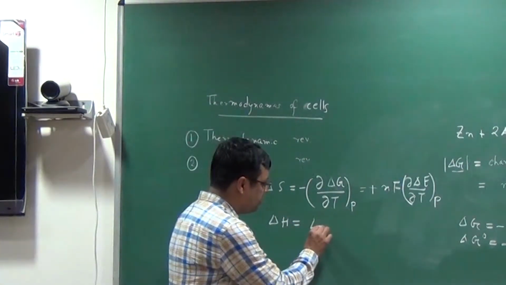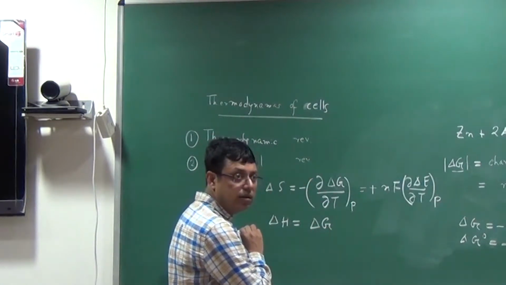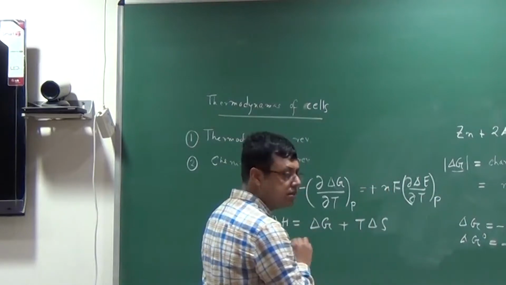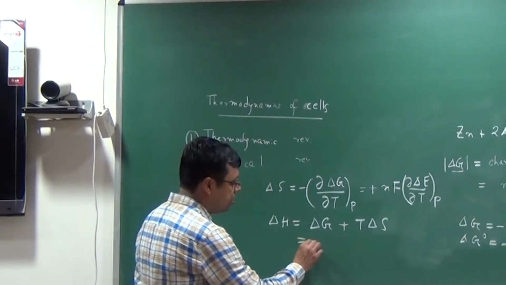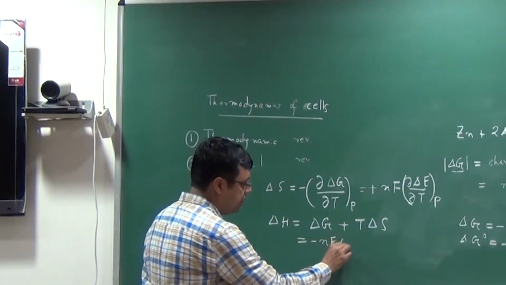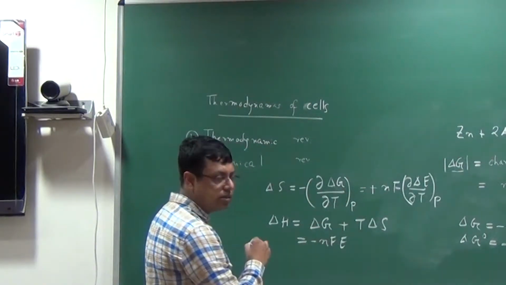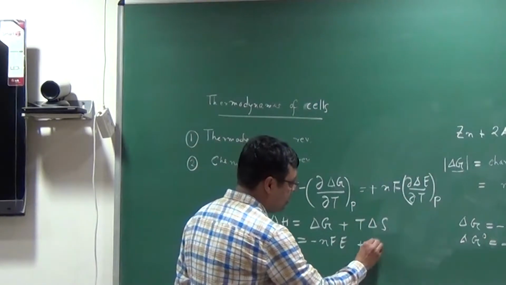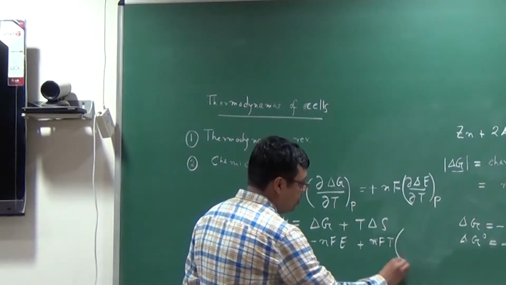Just straightforward, right? I will just write it as delta G plus T delta S. Delta S is this. Delta G also I know. This is basically minus nFE. Again, E means actually E reaction, plus I'll have T delta S, so basically I'll have nFT.